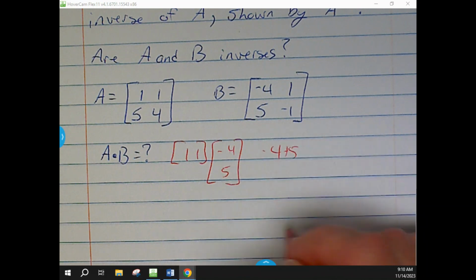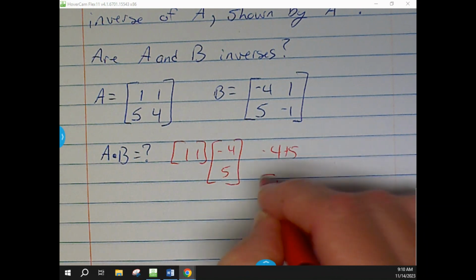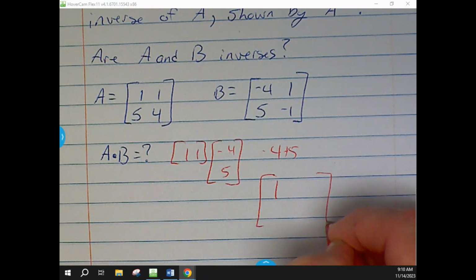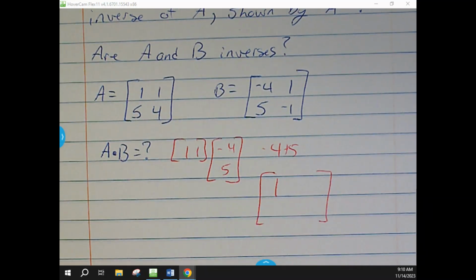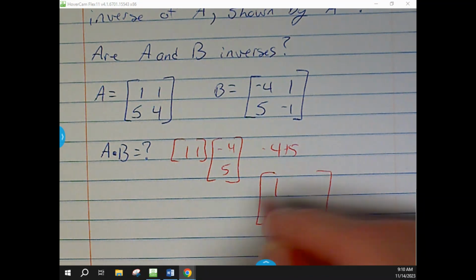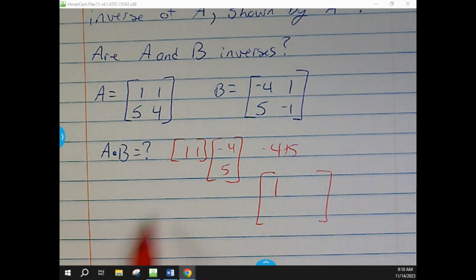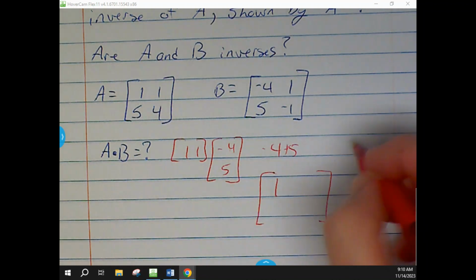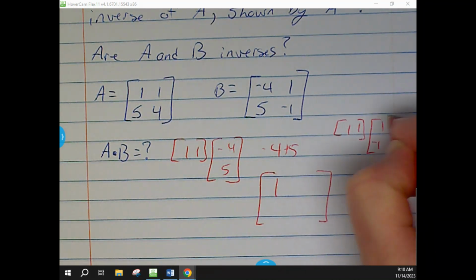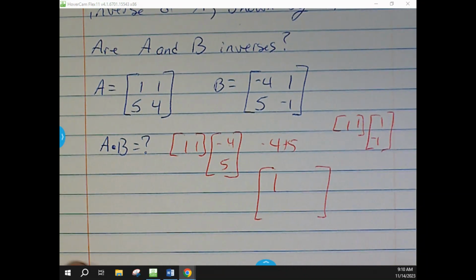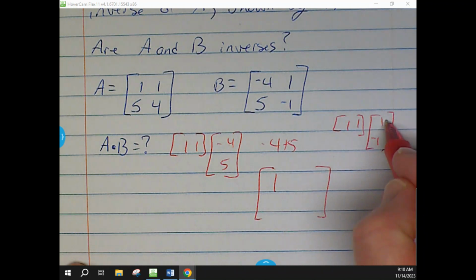So negative 4 plus 5 is a 1. So far so good, because we need 1, 0, 0, 1 for it to work. Now the first row times the next column, 1, 1 times 1, negative 1. So 1 times 1 is 1. 1 times negative 1 is negative 1. 1 minus 1 is 0. So that one's good.